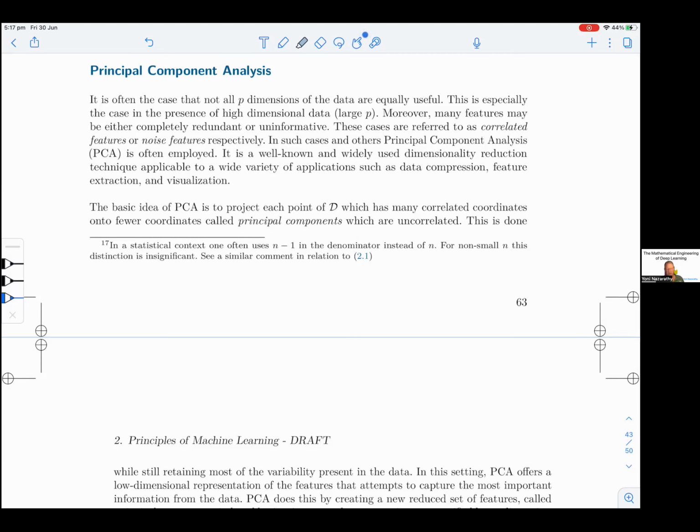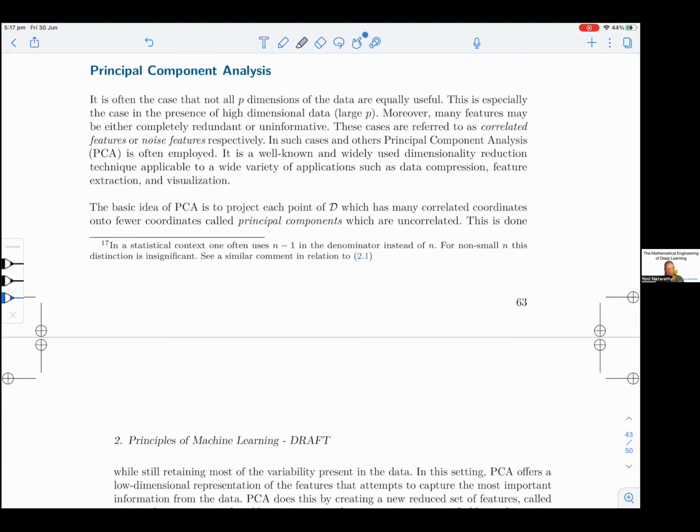It turns out that a very useful way to represent the loading vectors v1 through vm is by normed eigenvectors associated with eigenvalues of the sample covariance matrix S. Specifically, since S is symmetric and positive semi-definite, the eigenvalues of S are real and non-negative, a fact which allows us to order them: lambda 1 is the greatest one, greater than lambda 2, and lambda p is the smallest one.